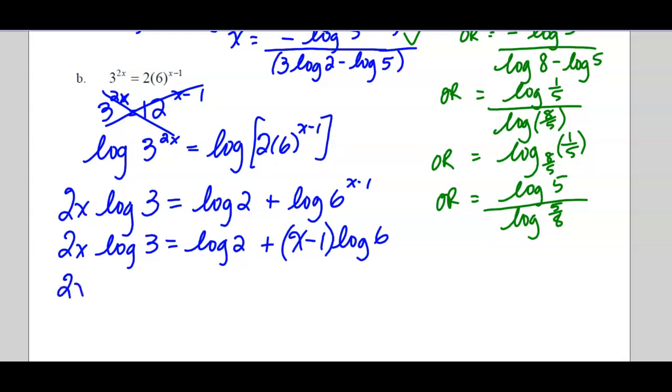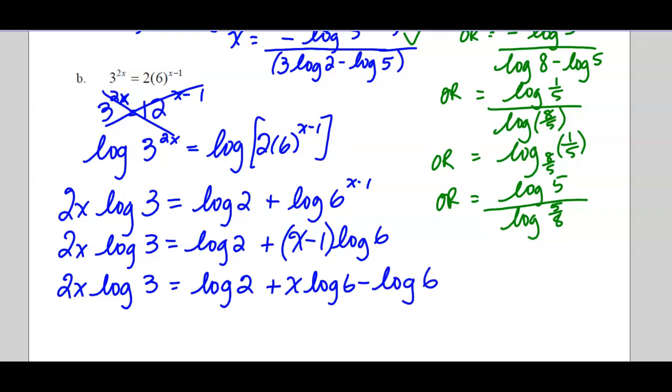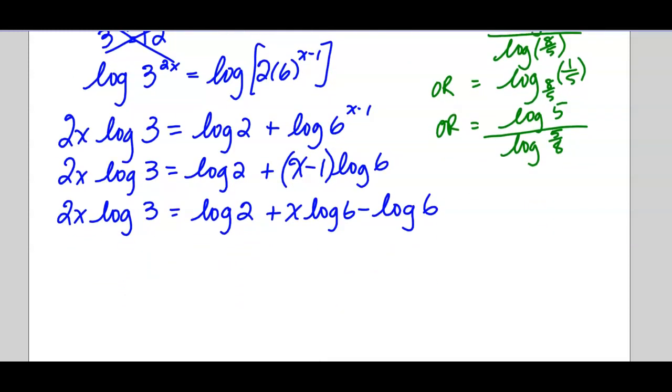Now, x is on both sides, so I'm going to expand those brackets. And now get the x terms on one side, just as we did back in junior high, right? It's no different. It's just that the number's a little bit different. Like log 3 is just a number, but you have a word with it, right? So it's different meaning. It's still just a number.